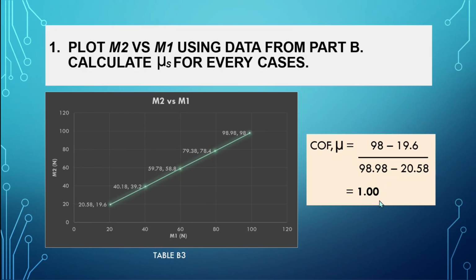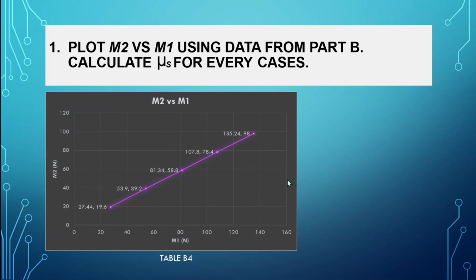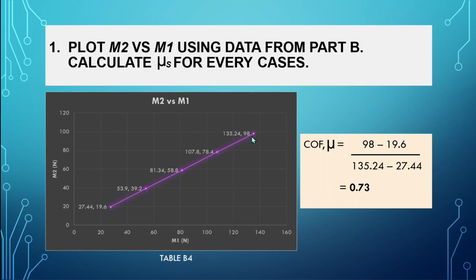You will get 1.00. And lastly, table B4: y2 minus y1, 98 minus 19.6 over x2 minus x1, 135.24 minus 27.44. So the final answer you get is 0.73. So this is how we do question 1.